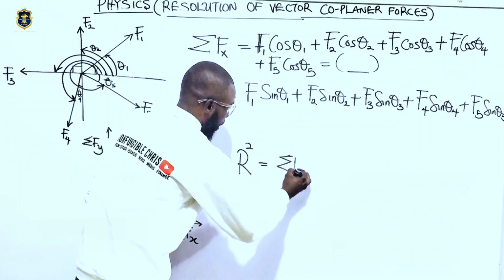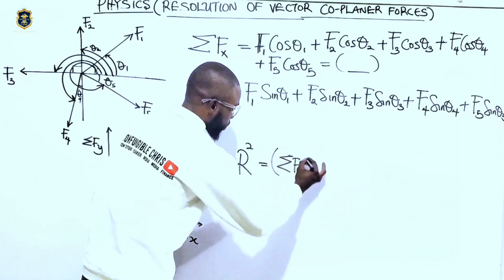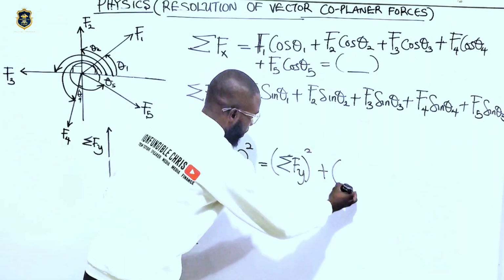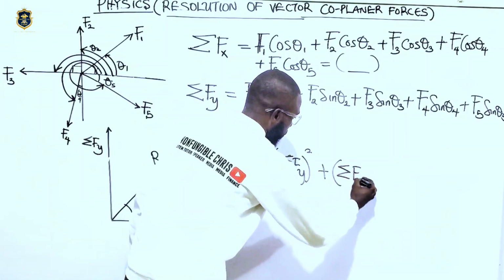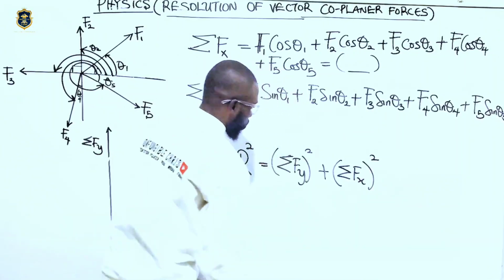So we have (ΣFy) squared plus (ΣFx) squared.